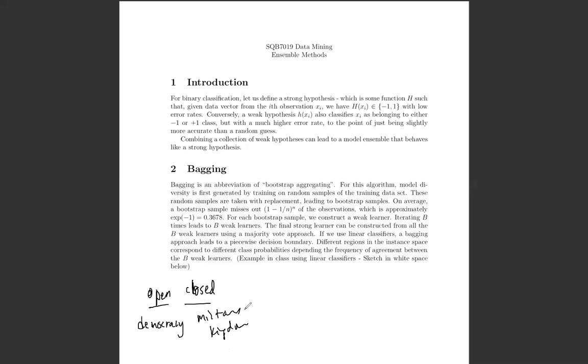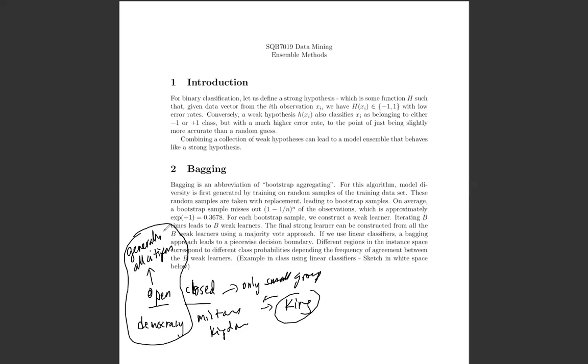In one, generally all citizens can participate in offering opinions. In the other, only a small group of people can participate. In fact, if you have a kingdom, the king is the person who says everything, right? Here you have everyone can participate, right?